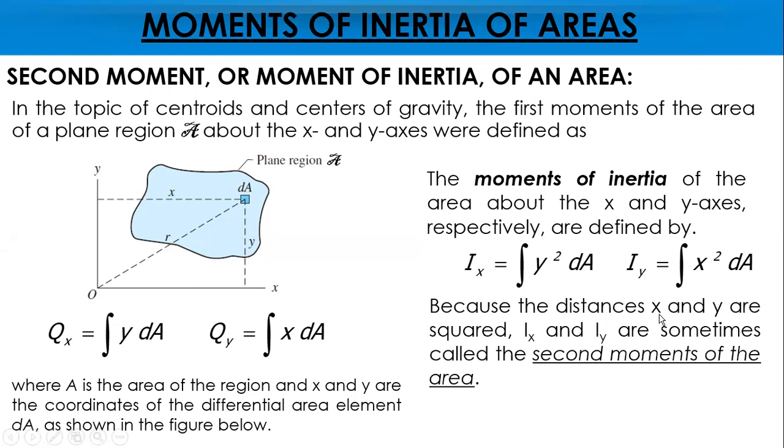Because the distances x and y are squared, these are sometimes called the second moments of the area.